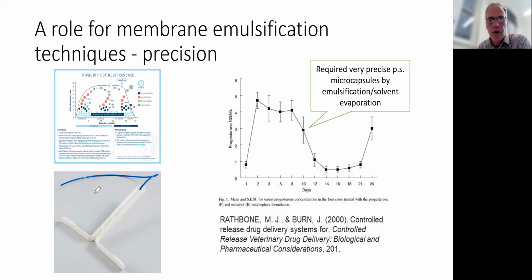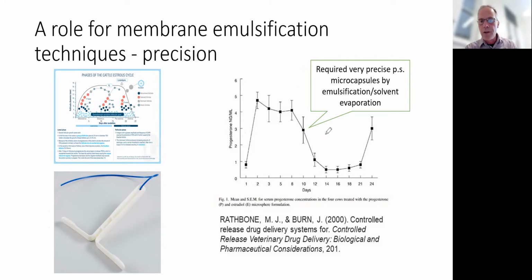It's expensive to manufacture. It has been shown, some time ago, that if you have very precise particle size, you can get very precise delivery and drop-off of drug, particularly progesterone, and from a single injection deliver everything you need.